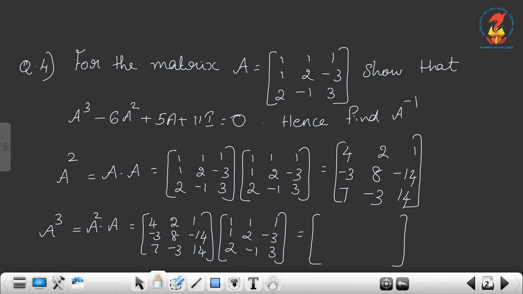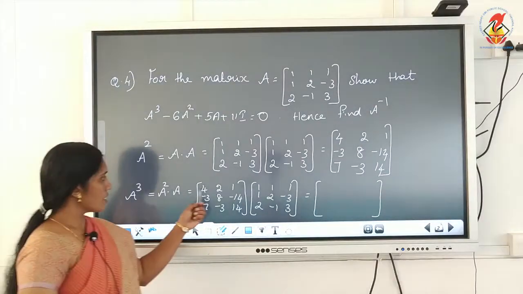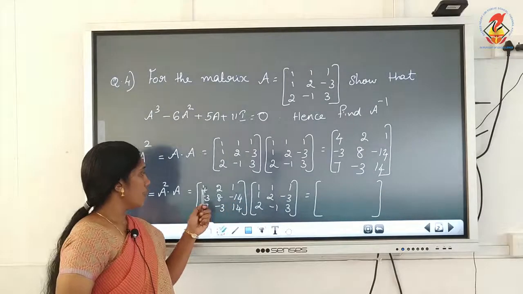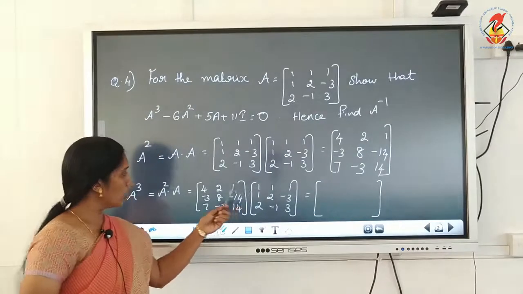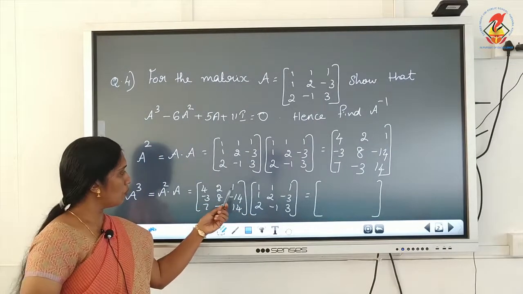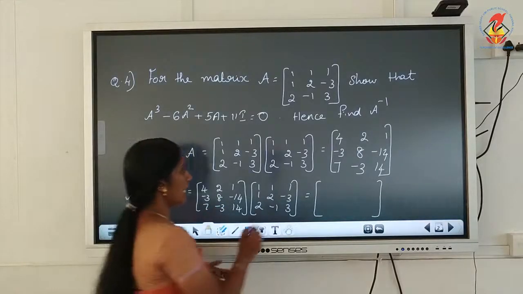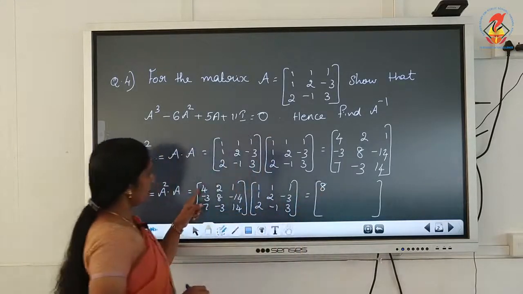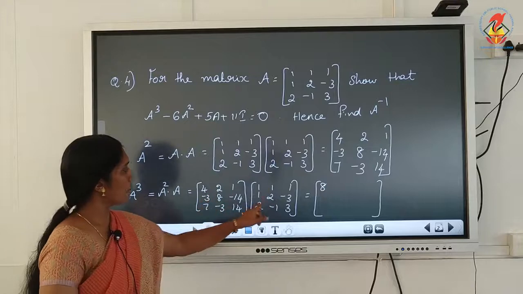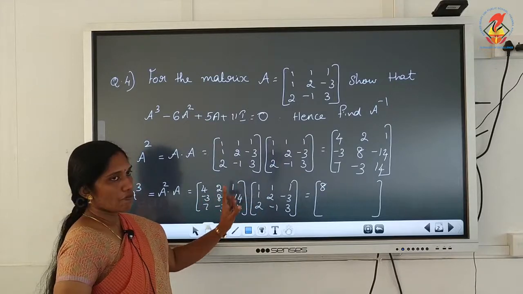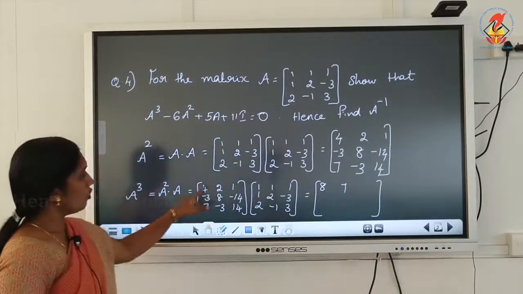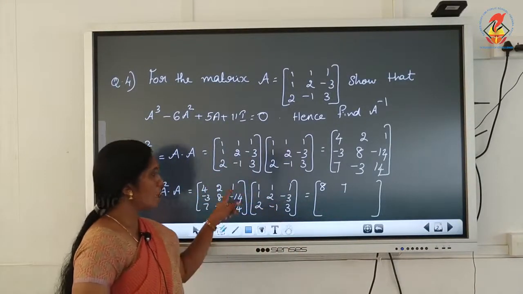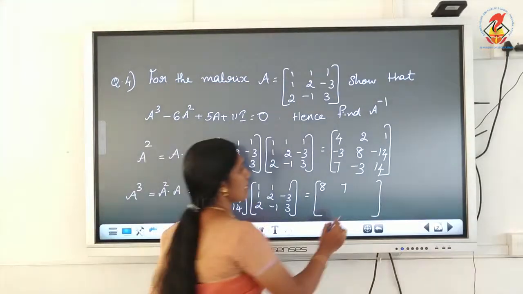Multiplication is first row into first column, then in between you have to put plus sign. So, 4 into 1 is 4, plus 2 into 1 is 2, plus 1 into 2, that is 8. The next one is 4 into 1, 4, plus 4, that is 8, 8 minus 1 is 7. The last one, 4 minus 6, that is minus 2, plus 3. So, that is equal to 1.